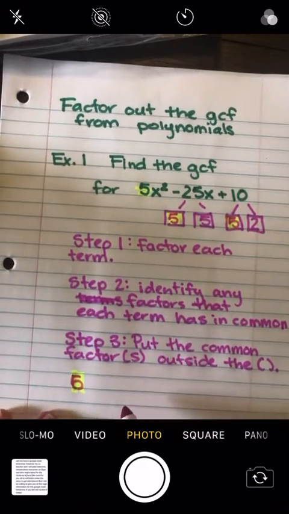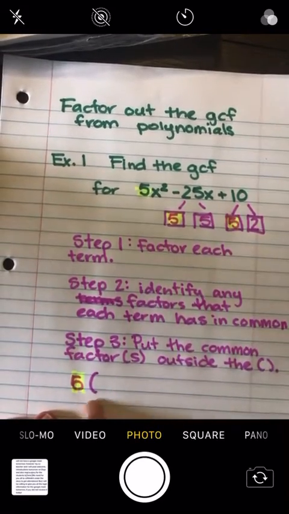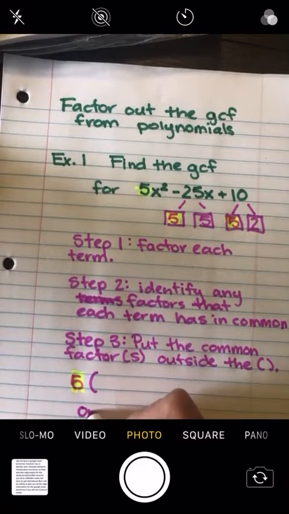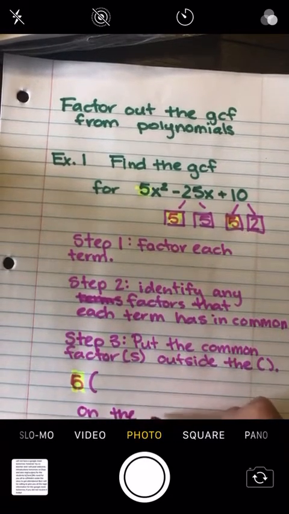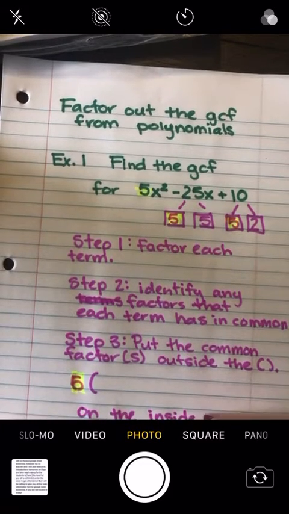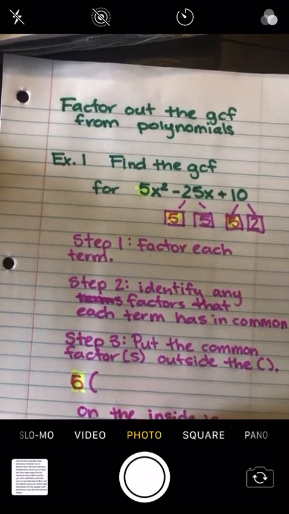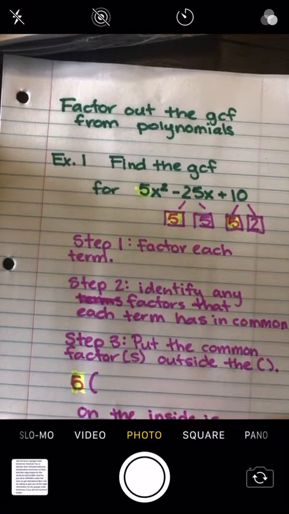And then on the inside is what remains. On the inside is what wasn't in common.